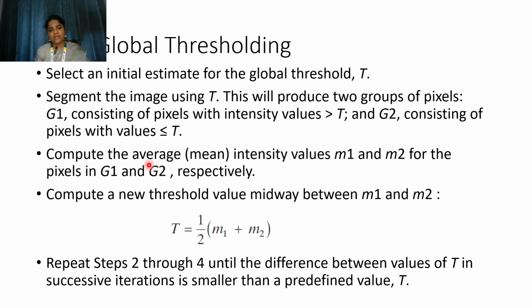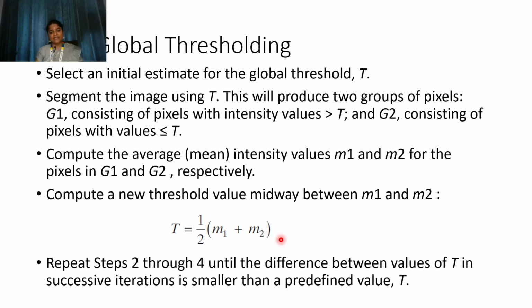Then we are going to calculate m1 and m2. What is m1 and m2? m1 is going to be the mean of all pixels belonging to class 1, and m2 is going to be the mean of all pixels belonging to class 2. So we are going to calculate m1 and m2 after the initial segmentation. Then we are going to choose a new T based on the equation T equals 1 by 2 times m1 plus m2.